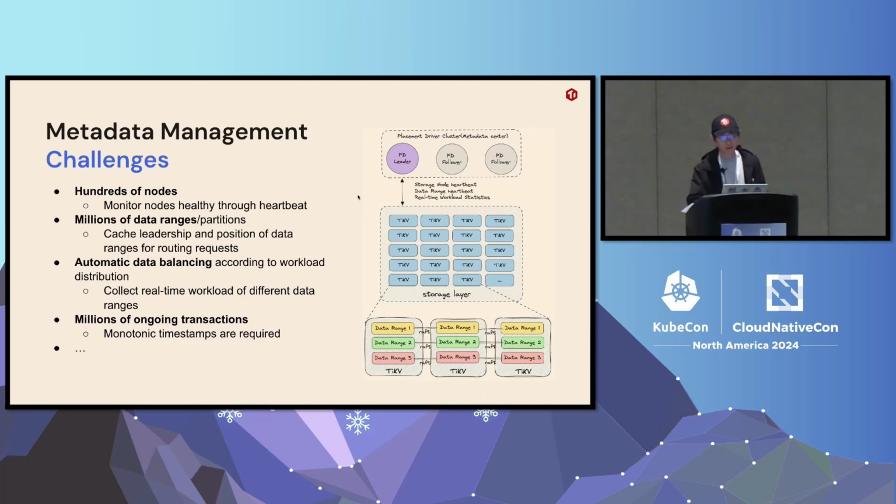Then the PD can know which part is hot and which part is not, and it can balance the workload automatically to make sure the workload is evenly distributed. So you can see there are a lot of things PD has responsibility for.